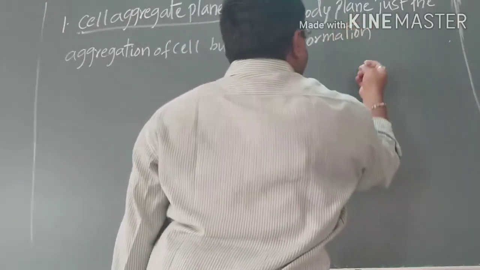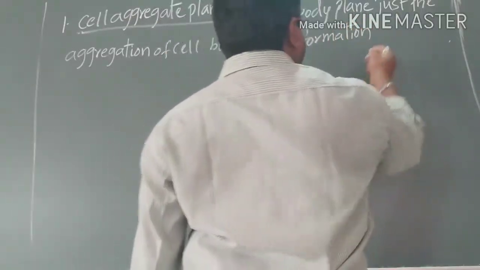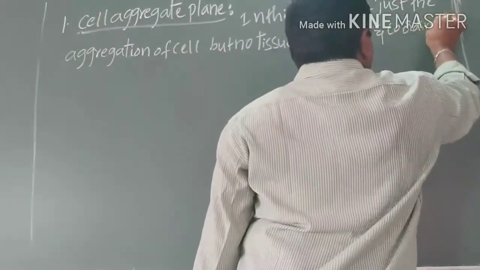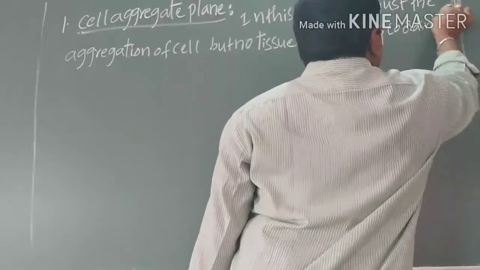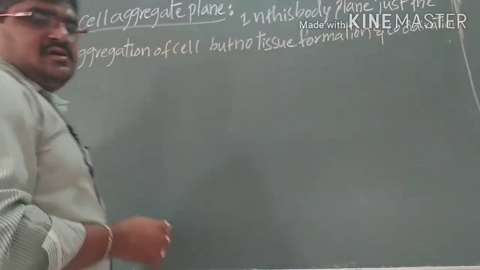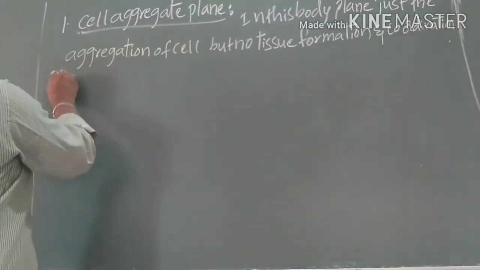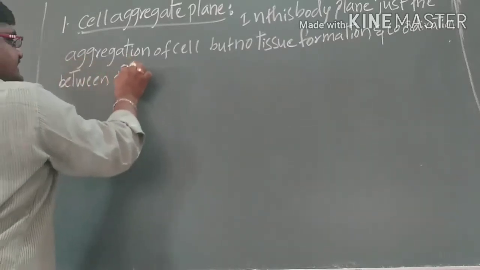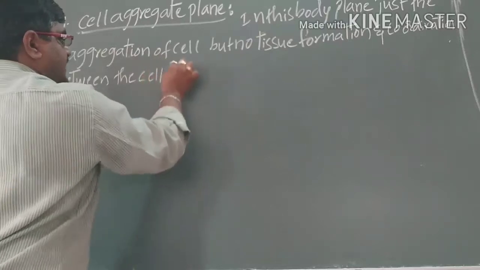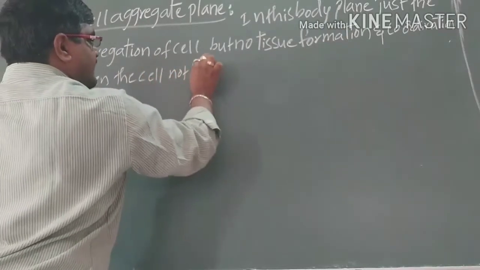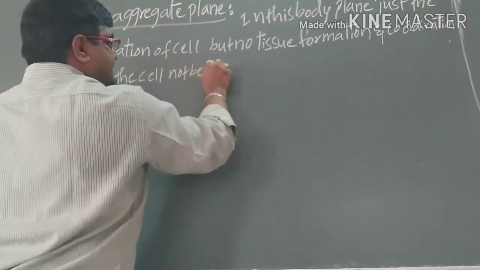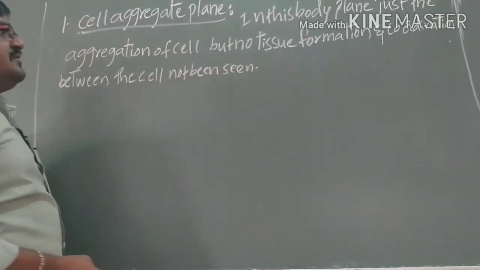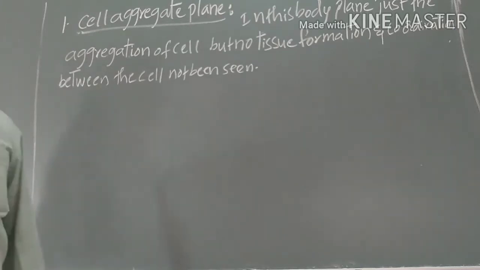Here coordination between the cells does not take place, and the coordination between cells is not seen. So this type of arrangement we can call cell aggregation.